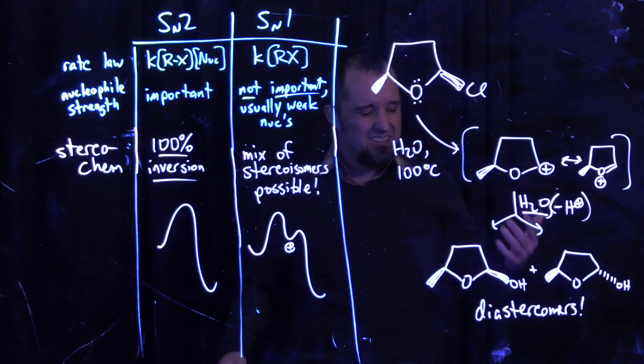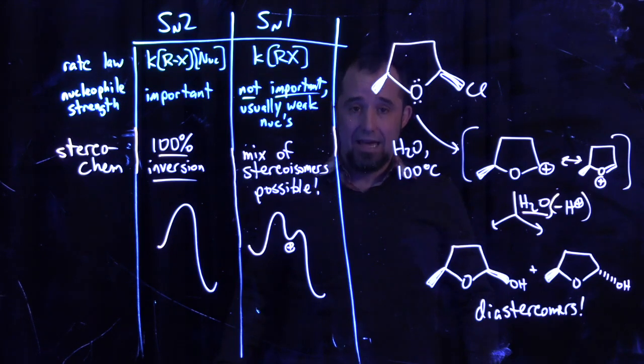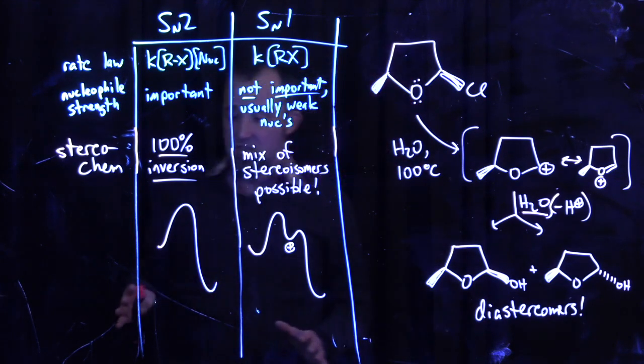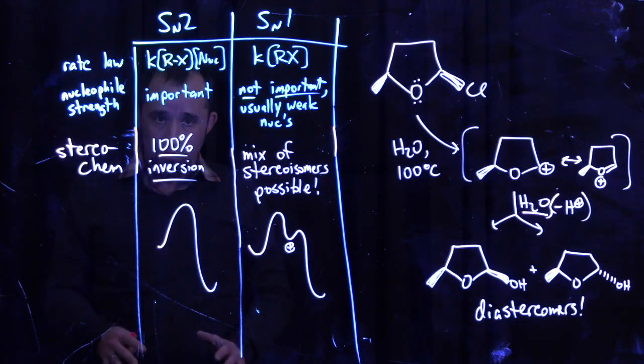So in that case, I guess you'd expect maybe a little bit more of the trans, but I'd be very surprised if you had 100% and 0%. This is not a stereospecific reaction. It is not like the SN2 reaction where I can only get one thing.